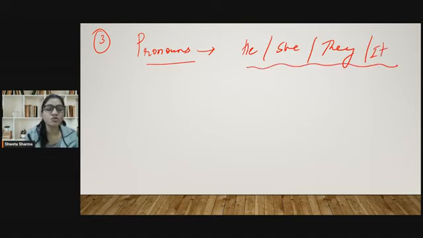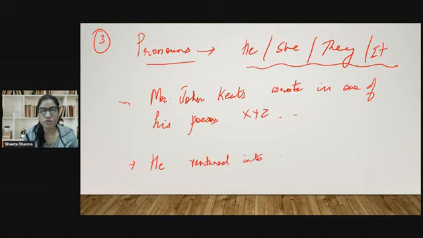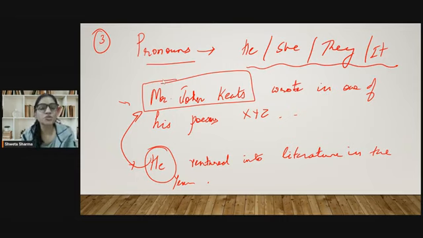For example, there's a character being shared, Mr. John Keats, wrote in one of his poems some XYZ thing, and then he ventured into literature in the year something something. So this he is going to be used for this character, Mr. John Keats, which has been shared here.